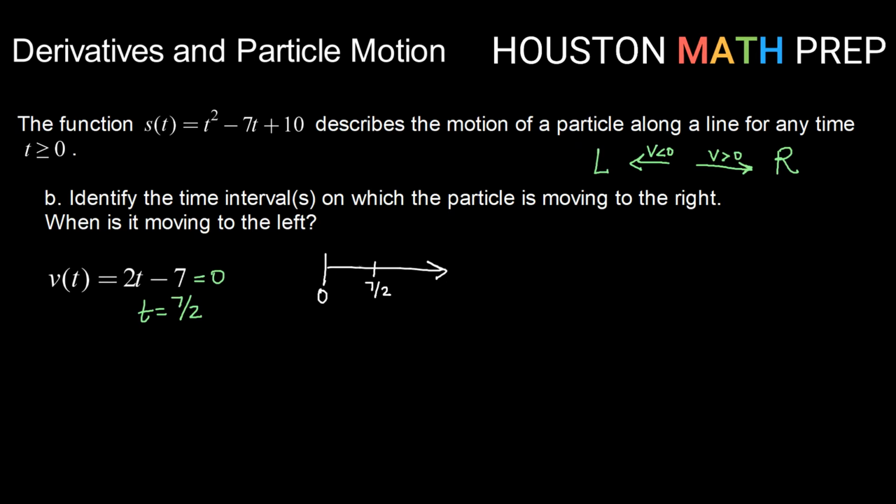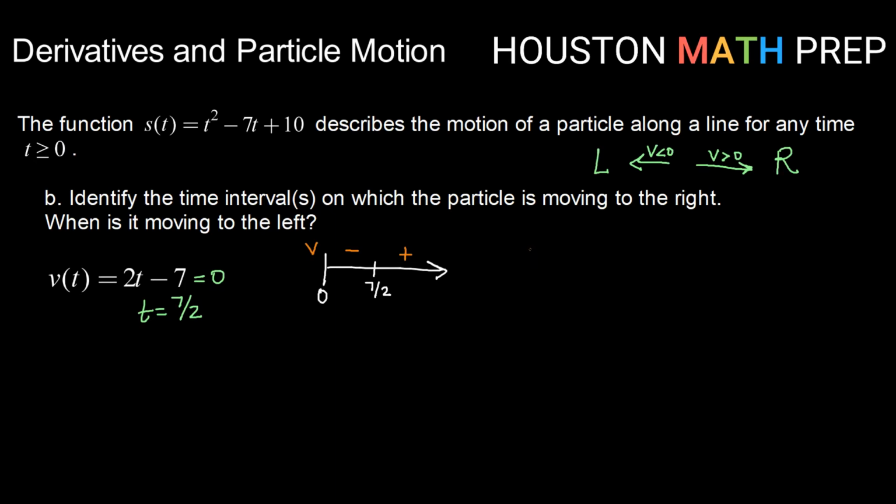If I take a value between 0 and 7 over 2, let's say 1, and plug that into my velocity, 2 times 1 would be 2 minus 7. That would give me a velocity that is negative. Plugging in something greater than 7 over 2, well, 7 over 2 is about 3.5, so let's plug in 6. 2 times 6 is 12, 12 minus 7 is a positive value.